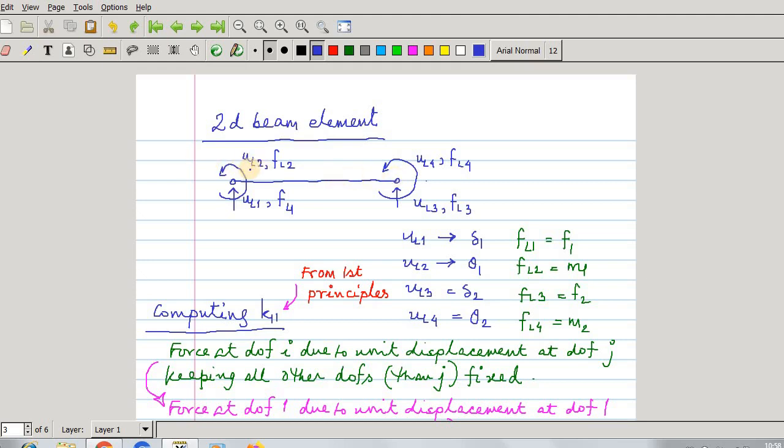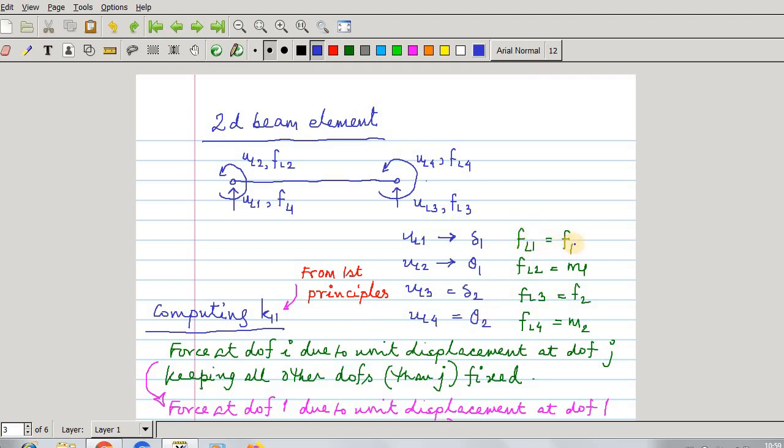We are calling this displacement UL1, and this rotation UL2, and this force FL1, and this moment FL2. So UL1 is displacement at node 1, UL2 is rotation at node 1, UL3 is displacement at node 2, UL4 is rotation at node 2.